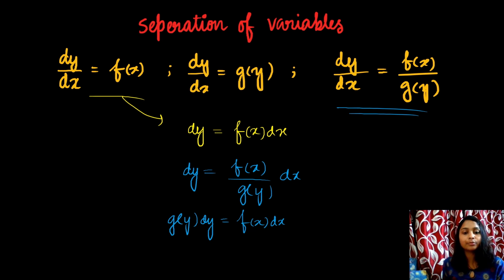So we can see that with dy there is the term g(y), and with dx there is the term f(x). So we have successfully separated the variables x and y. Now we can integrate to find out the solution of the differential equation.